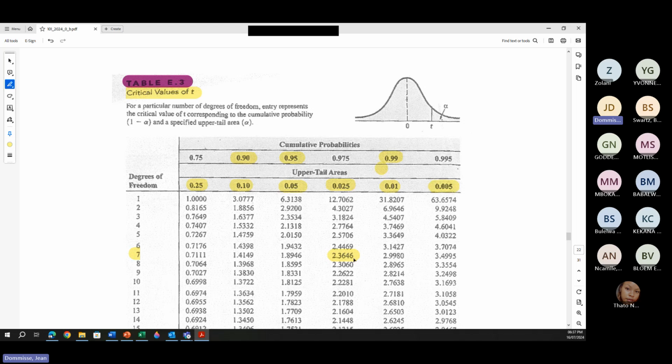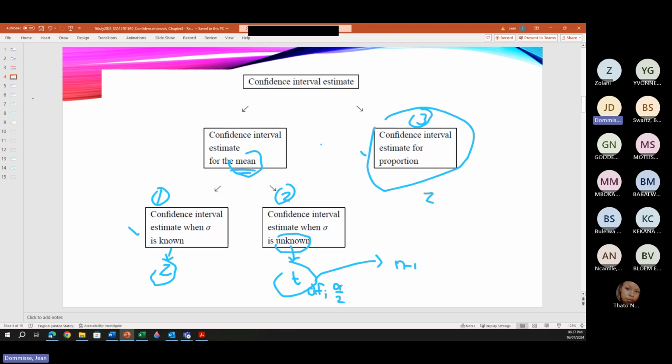But also, let me quickly show you just the ones that we normally work with for the T. So if you have a 90%, it will be 1 minus the 90%, which is the 10% divided by 2, which will give you 0.05.